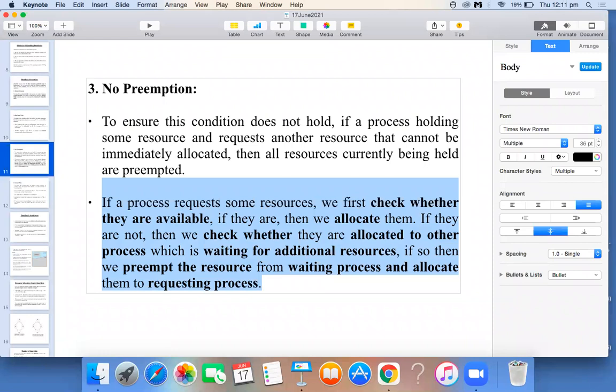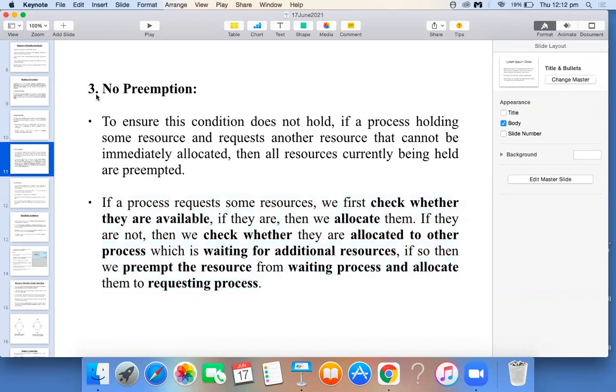But if the process holding one resource is waiting for another resource, then you have to forcefully remove the resources from all those waiting processes and give those resources to the requesting process. That's how you are not satisfying the no preemption condition, right?